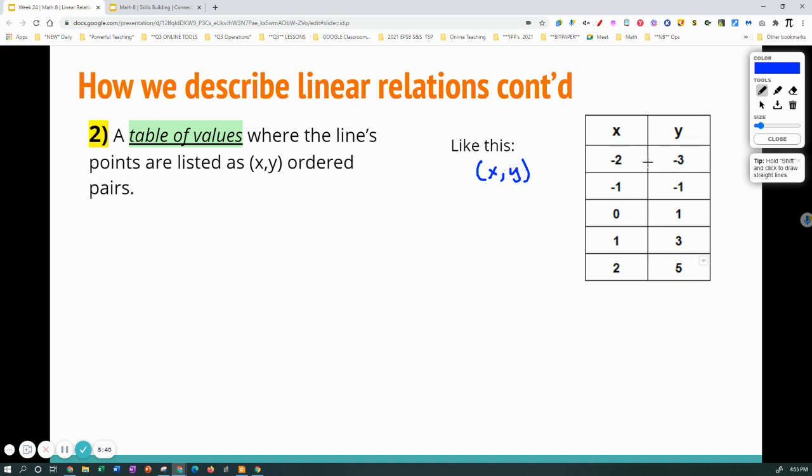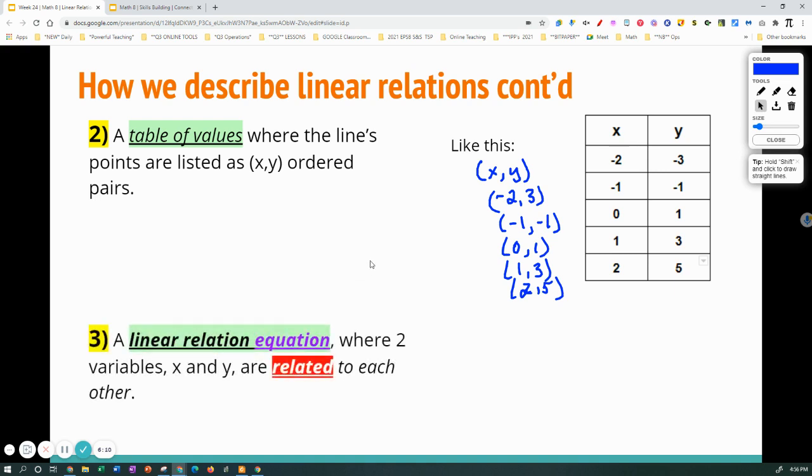So if I were to pluck these ordered pairs out, I would just write them in brackets: (-2, -3), (-1, -1), (0, 1), (1, 3), (2, 5). So you can use a table of values to list ordered pairs. A table of values is one way to describe a linear relation.